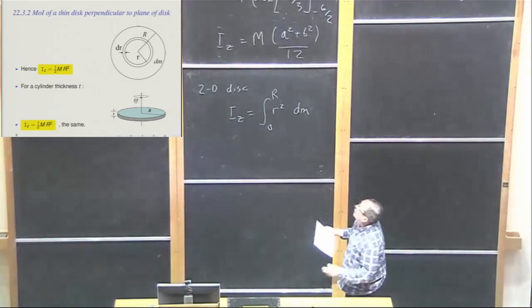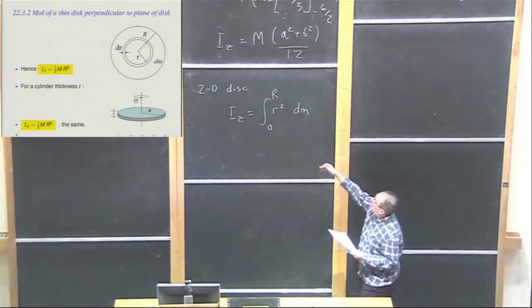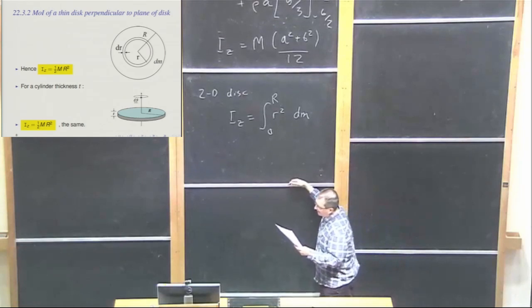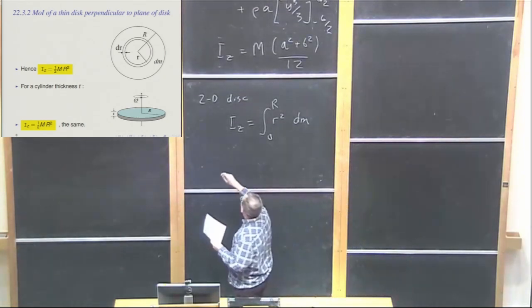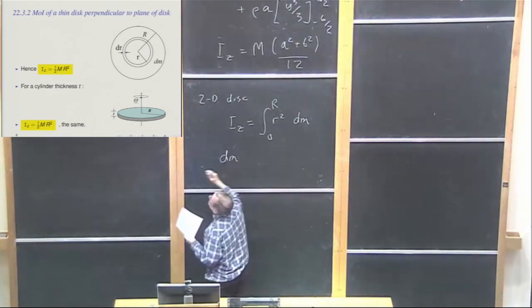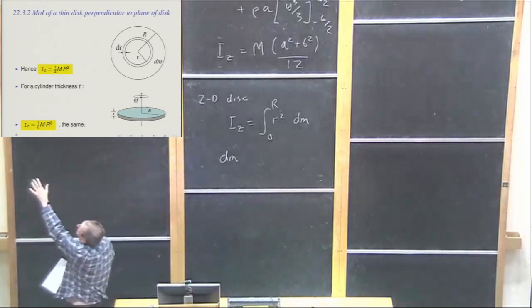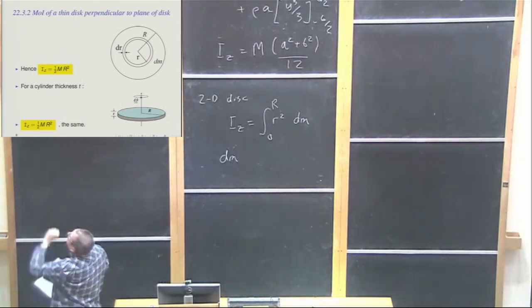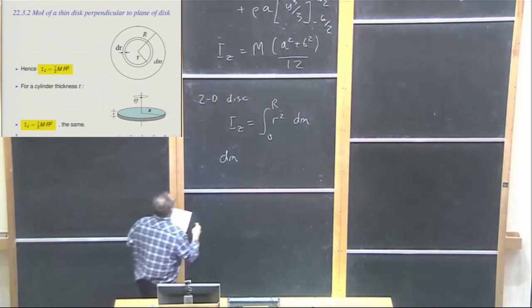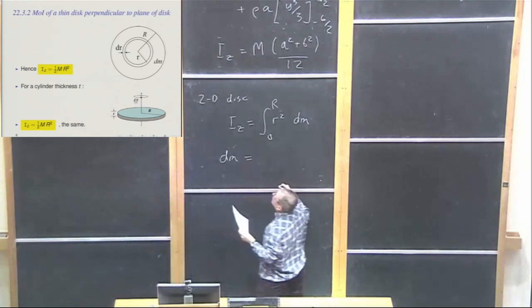As before, we want to do this in terms of the geometry rather than the mass. So what do we have here? Well, the suitable element to choose, and we've already made that choice, is this ring, this annulus. What is the area of this ring?